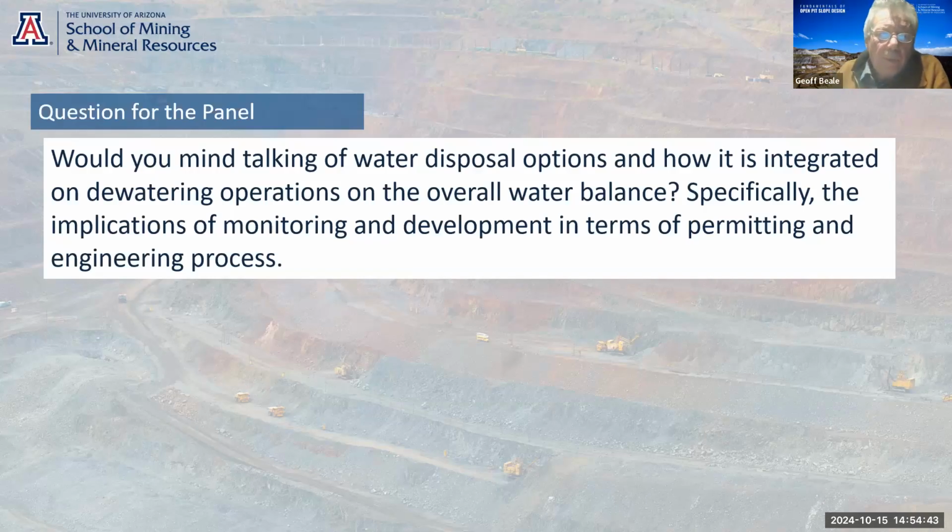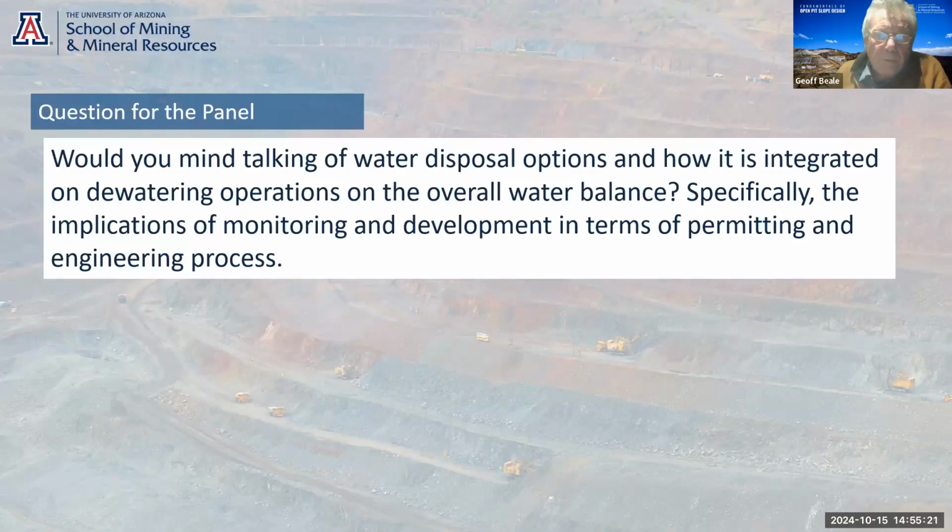All right, I'll give it a go. Water disposal options for dewatering systems, you can try and list them. There's discharge to surface water, sometimes with treatment, discharge to wetlands areas, rapid infiltration back to shallow groundwater systems, deep well injection to deeper groundwater systems, and surface evaporation in drier areas.